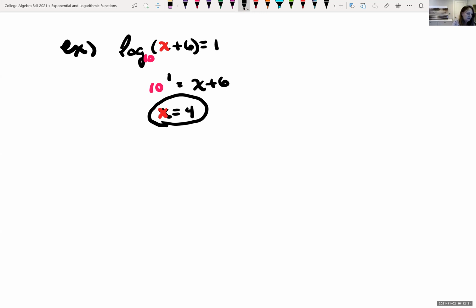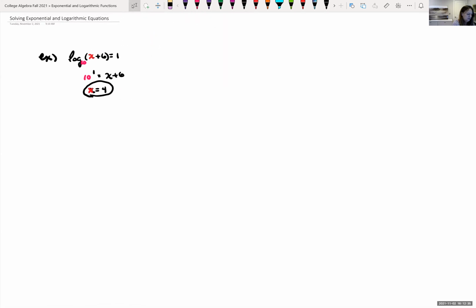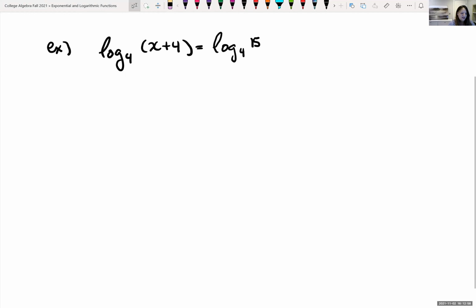Okay, so let's look at another one. So how about if you had log base 4 of x plus 4 is equal to log base 4 of 15? Well, we can use properties of logs right here.